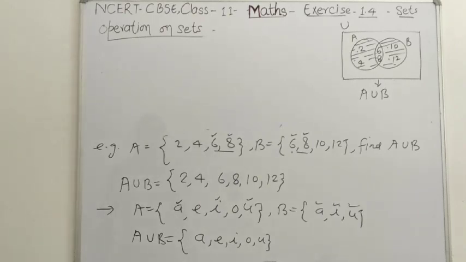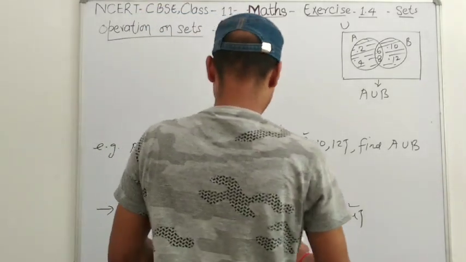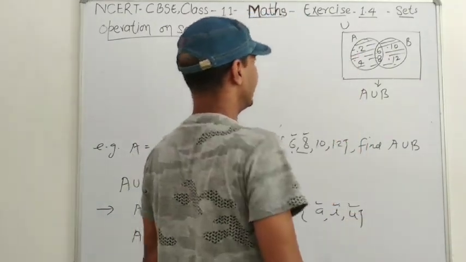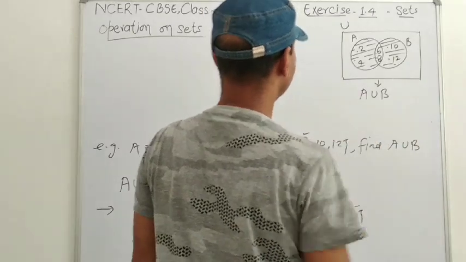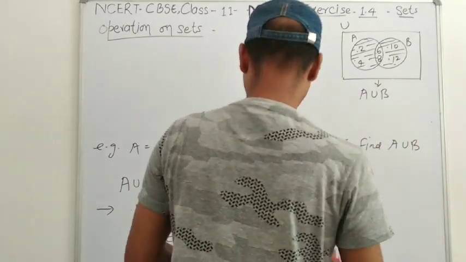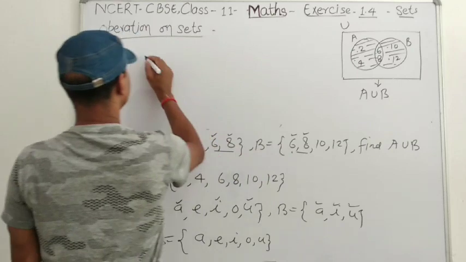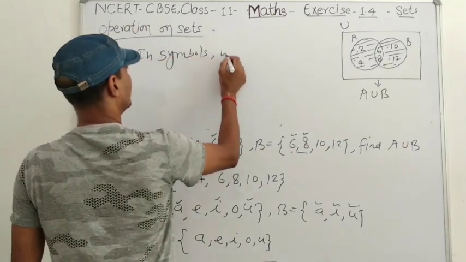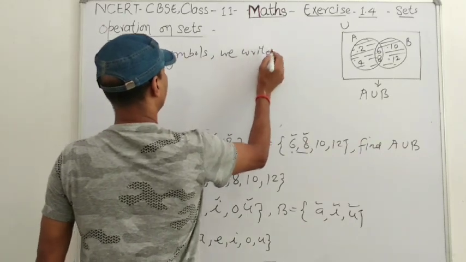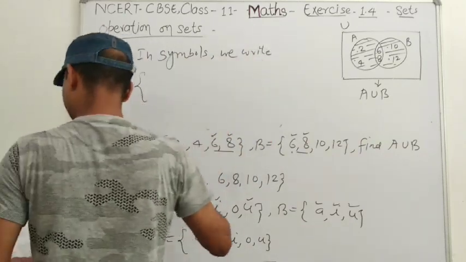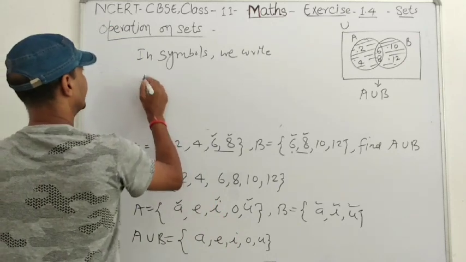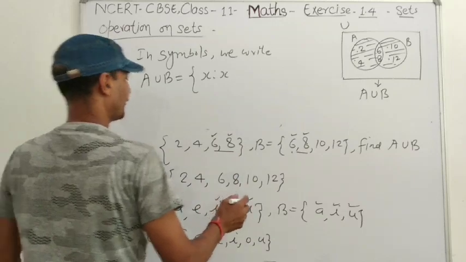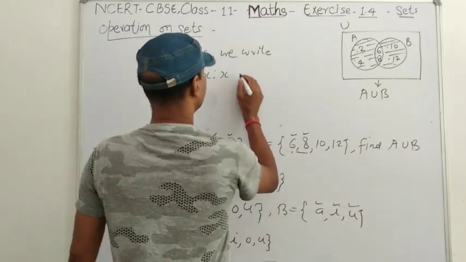Now next, how to represent in set builder form. The union of sets A and B is the elements that are either in A or in B or in both. So how to write here in symbols? We write A union B equal to {x such that x belongs to A or x belongs to B}.